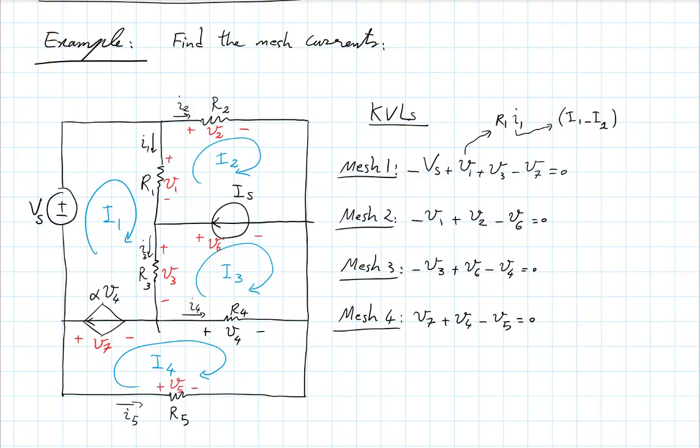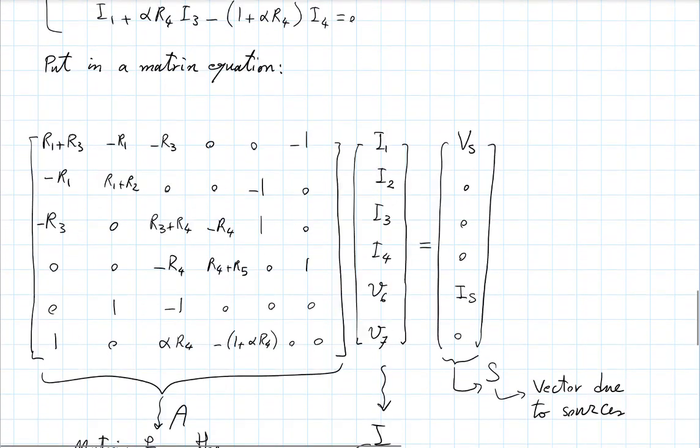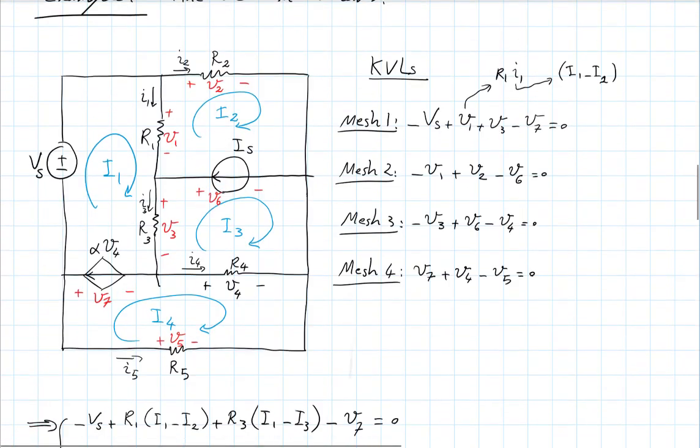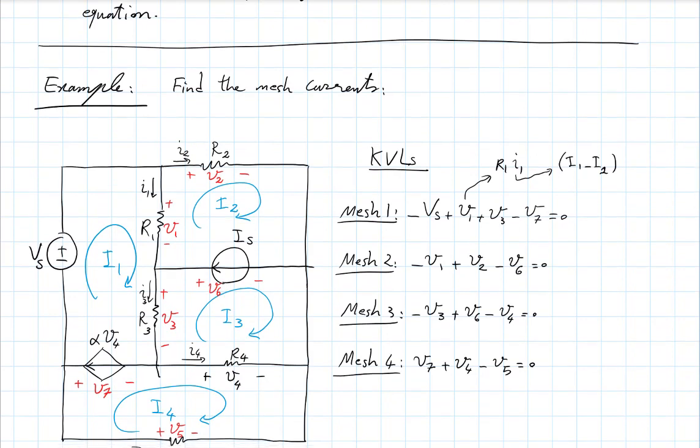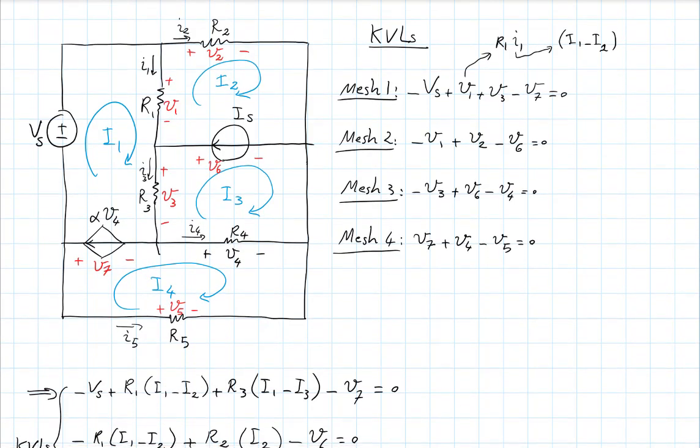And similarly, element 2,2, the other diagonal element, the coefficient of I2 in the second equation, has R1 plus R2. If you look at mesh number 2, it has R1 and R2 in it, and so on. So there is potential there to do pattern recognition and program this into computer code.